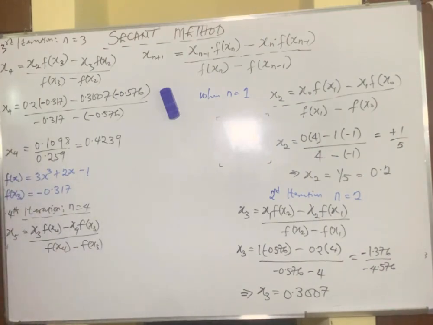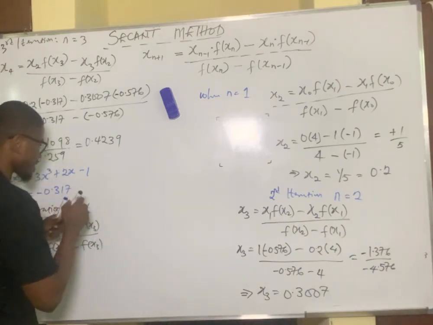So basically the same thing. So we have x3, we have f of x3. All we don't have here is f of x4, right? We also have x4. So we need to find f of x4, which is the value of the function when x is x4. So we had x4 here to be 0.4239. We simply plug the 0.4239 into the function to find f of x4, right?